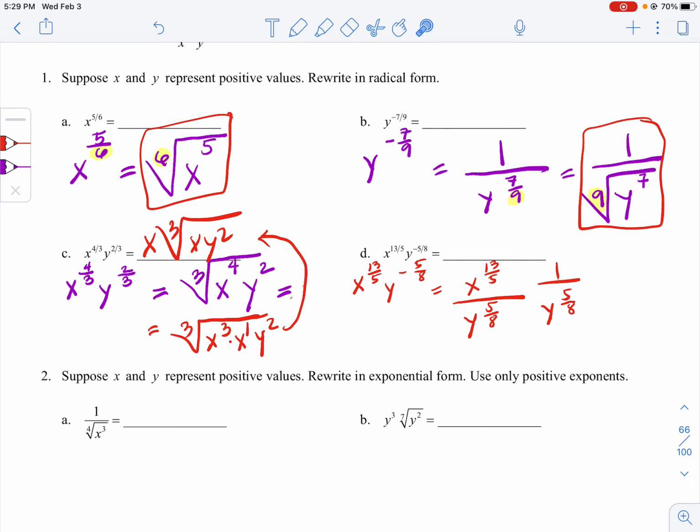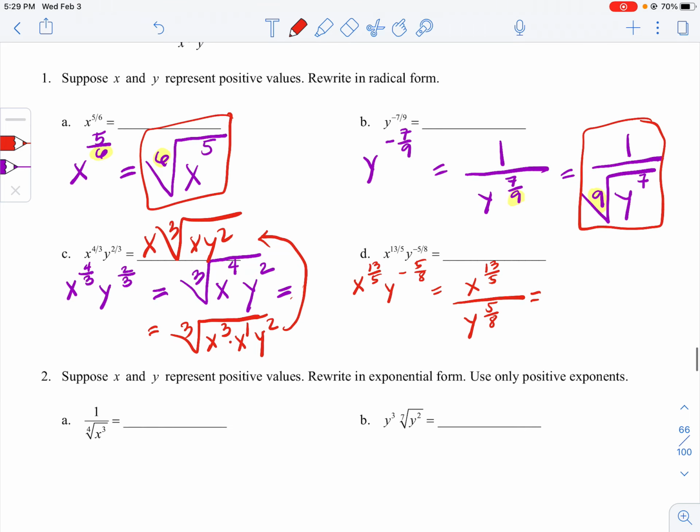Would the 1 matter? No, right? It would just still be x to the power of 13 over 5. So I have to just delete that, and I can just automatically put y to the power of 5 over 8 at the bottom. Okay, so since they have different variables, I am going to solve them separately.